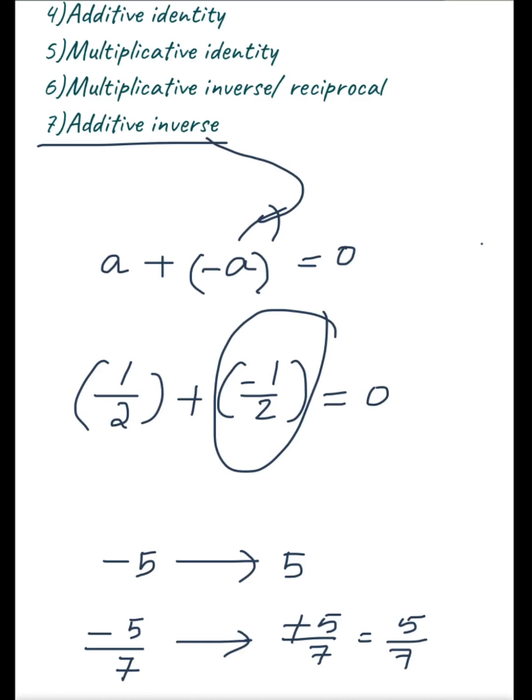If it's minus, you have to put it plus. If it's plus, you have to put it minus. No need of changing the order of numerator or denominator. If you change the order, then it will become multiplicative inverse. Additive inverse means just change the sign. So that's all about additive inverse.